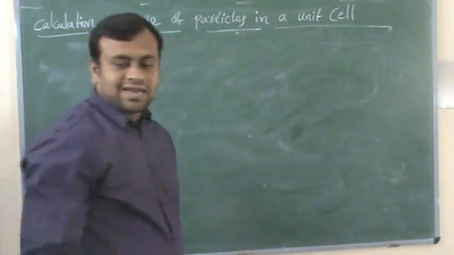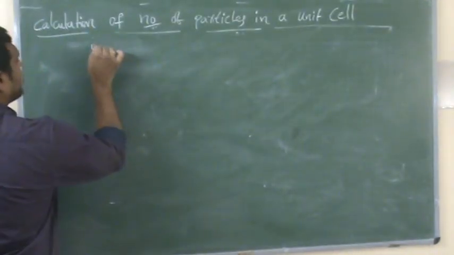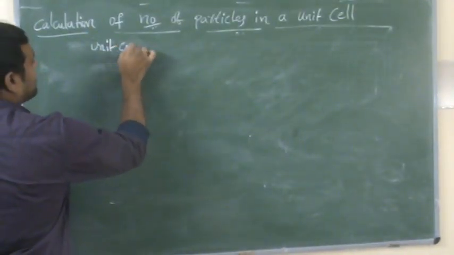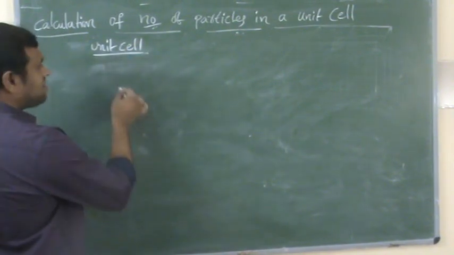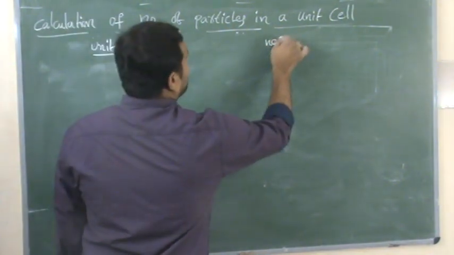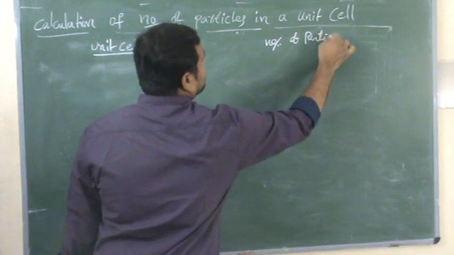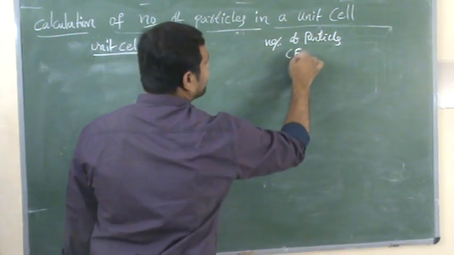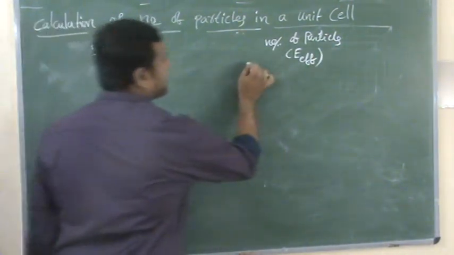So last and finally, I'll summarize all the things. So here, unit cell. You have to remember, please note it. So this is how you have to remember. Unit cell, number of particles, or you can also call it as Z effective.